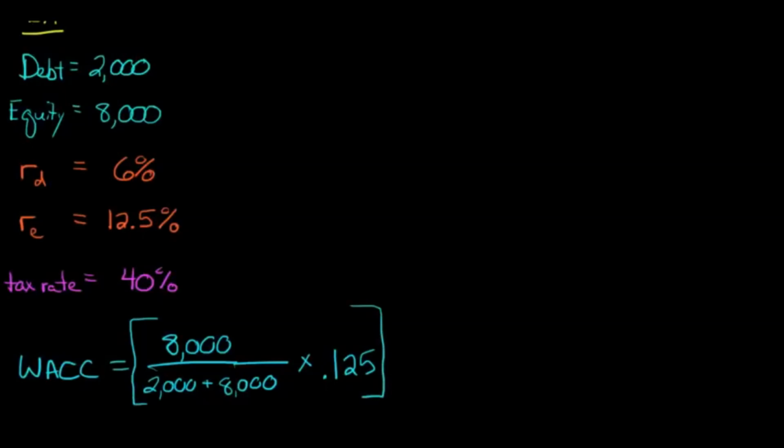Now we have to add in the weighted average cost of the debt, and we do something very similar. We take the 2,000, which is the debt, and we have to weight it, taking the proportion: 2,000 over 2,000 plus 8,000.